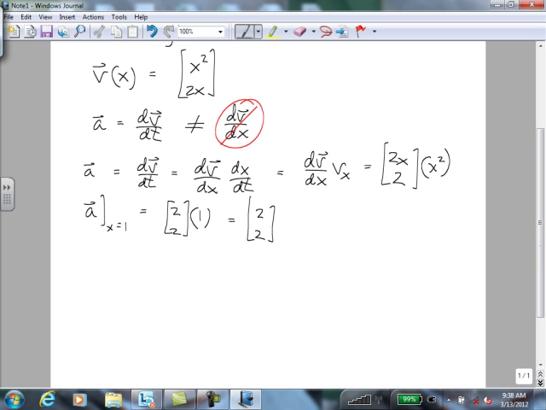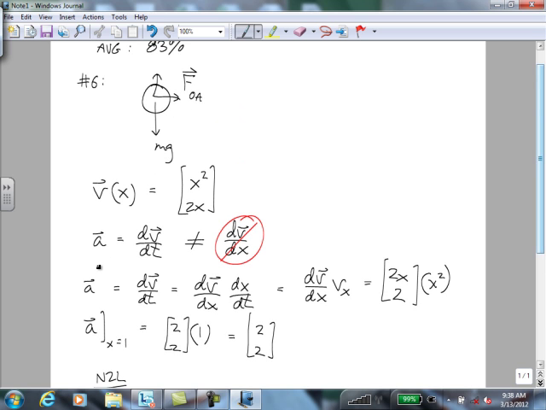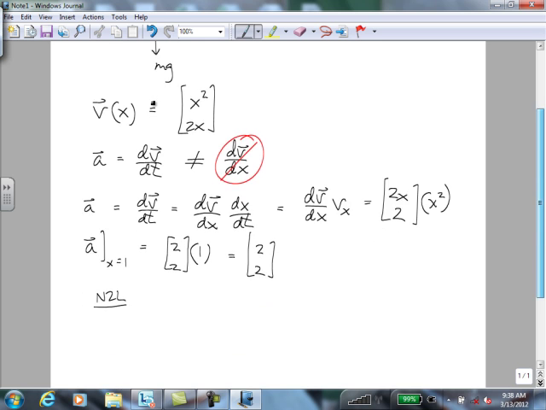So now you can use that with Newton's second law. Also, there were a few people that went in the right direction but didn't have a free body diagram. I need to see a free body diagram anytime you use Newton's second law. So I took a point off for no free body diagram or an incorrect free body diagram.